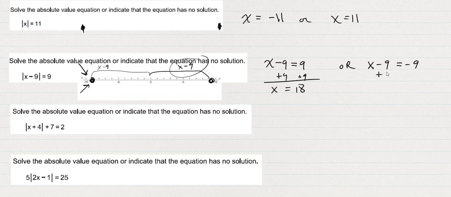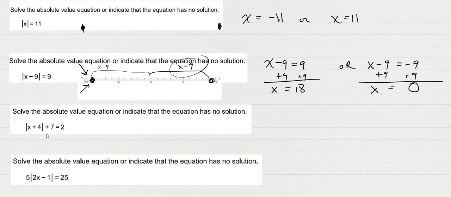So when I solve this, I'll add 9 to both sides, and I get that x equals 0. Let's try it. If I put a 0 in for x, I've got 0 minus 9, and that's negative 9. And then the absolute value of negative 9 is 9. So the x equal to 0 also solves this absolute value.